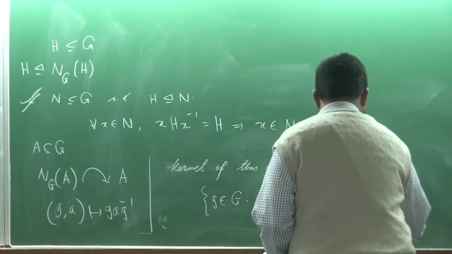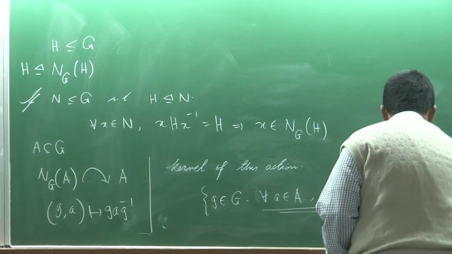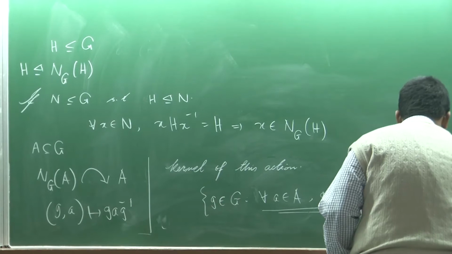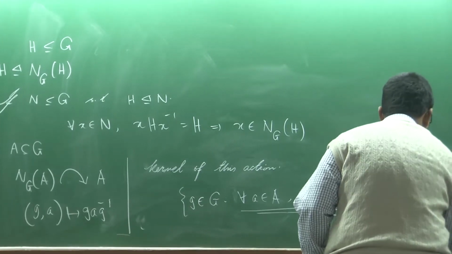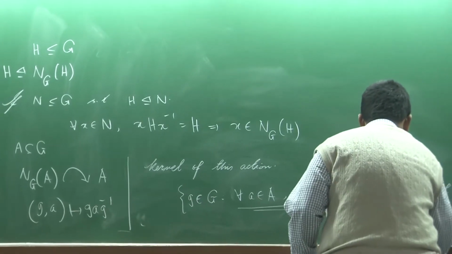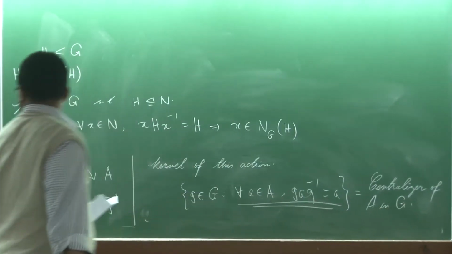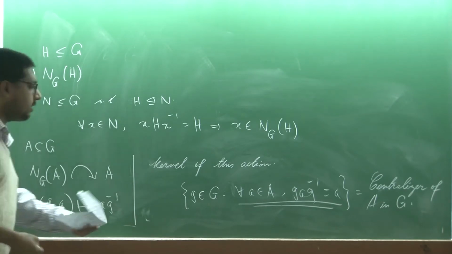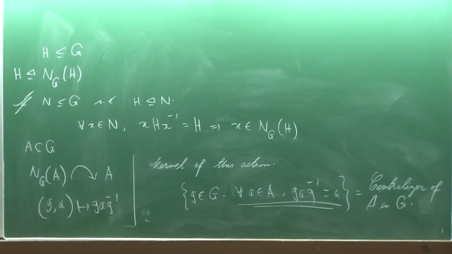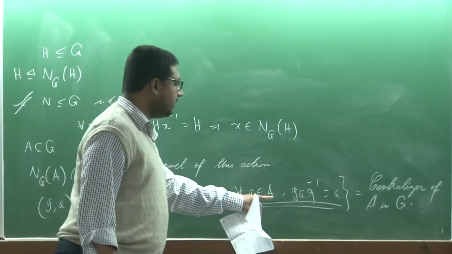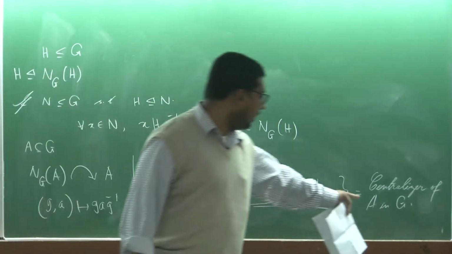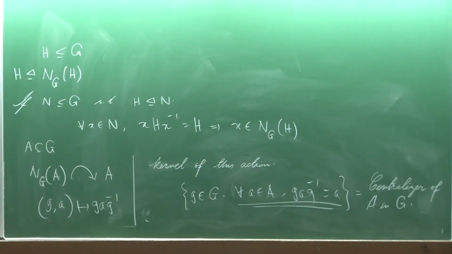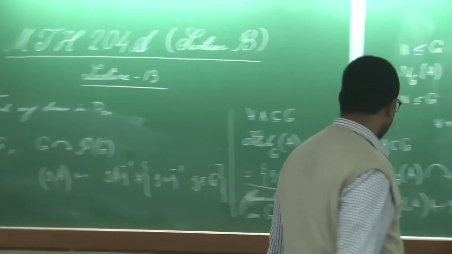This has a name, it is called the centralizer of A in G. Remember that earlier we defined the centralizer for any element of G. Now we have extended that to any subset of G. In particular, when A is a singleton, the notion of centralizer of the singleton A is the same as the notion of the centralizer of the element a in G.